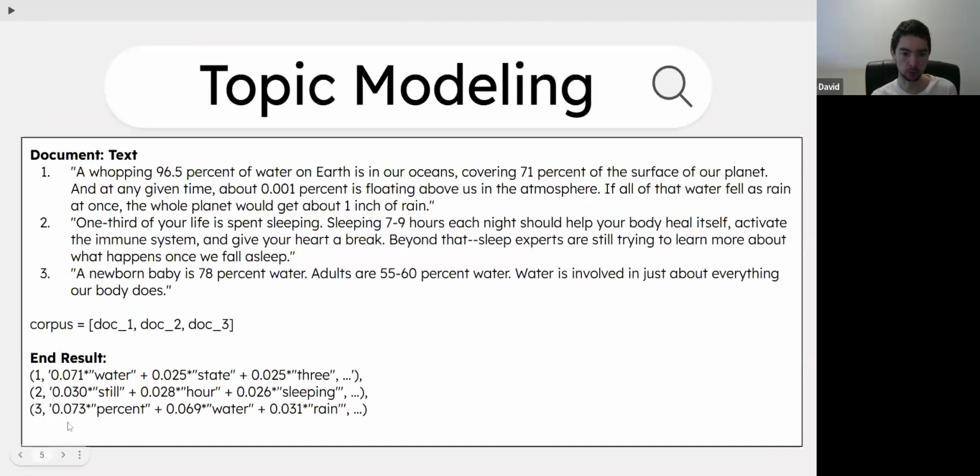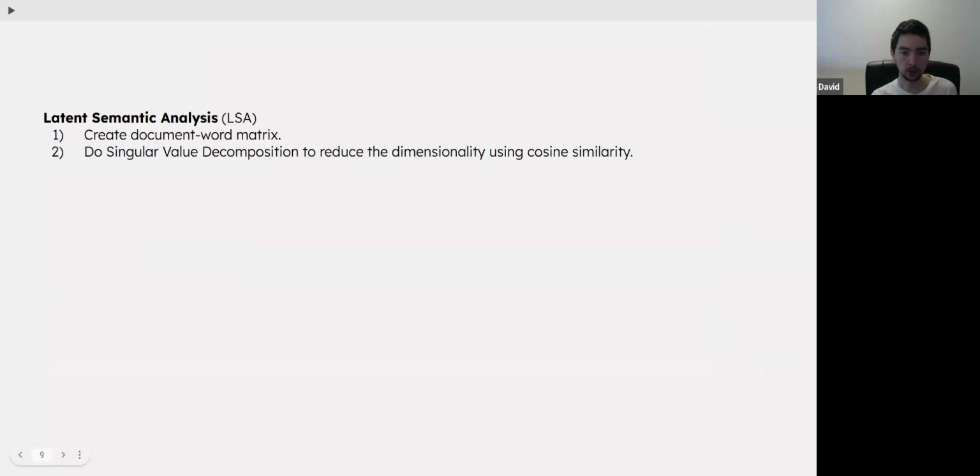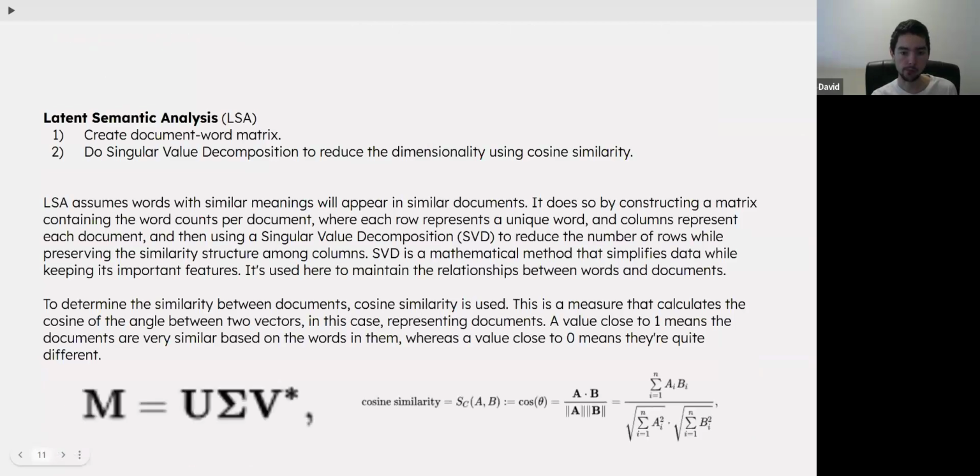So 3 is more associated with percent and less associated with water and rain, for example, for document 3. And there's the cosine similarity formula and the decomposition formula, which is basically matrix factorization.